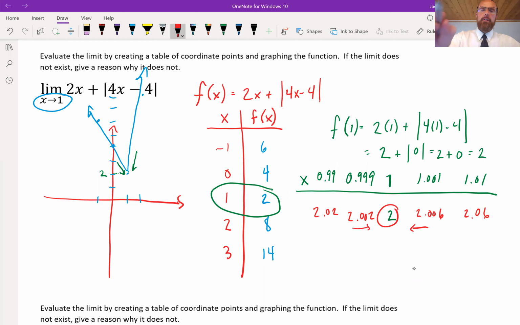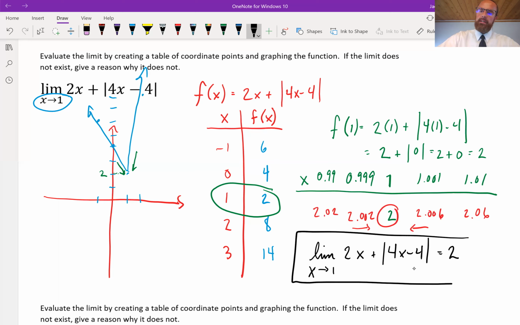And we can finalize our answer here real carefully. So the limit as x approaches 1 for the function 2x plus the absolute value of 4x minus 4 equals 2. And I'll box that answer.